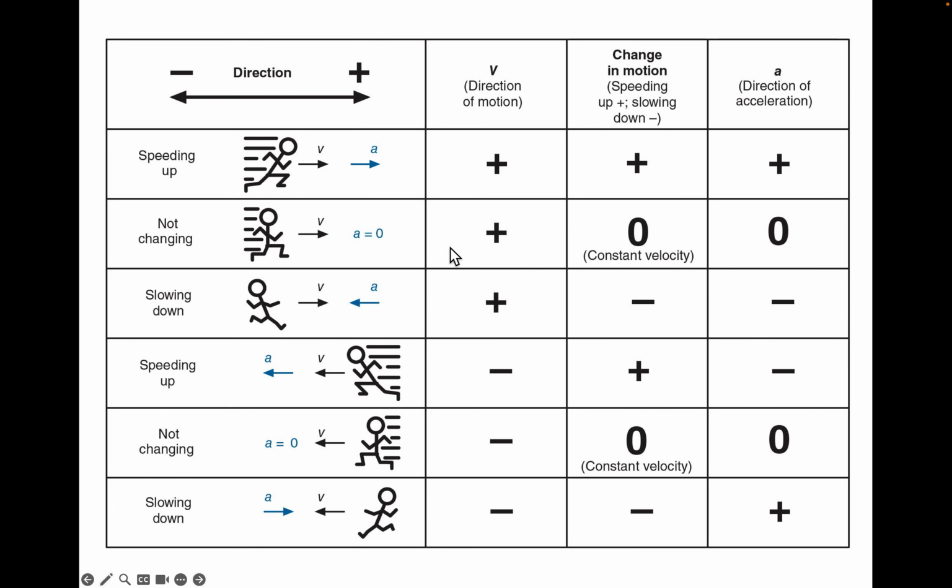So here's a diagram, and let's take a look at direction, looking at positive and negative, essentially looking at your x-axis. If we're facing the right direction, whether we're speeding up, not changing speeds, or slowing down, as long as our path is traveling to the right, velocity could be considered positive.